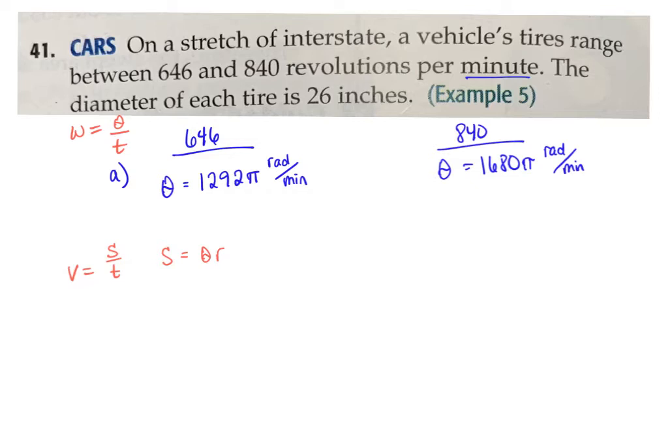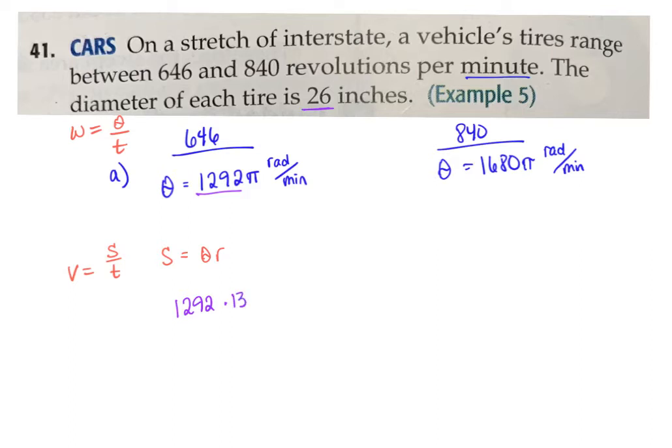So for this one, I am going to take theta that I've already figured out, 1292 pi times R. They gave me the diameter. So what is my radius? This is the diameter. What is my radius? 13.